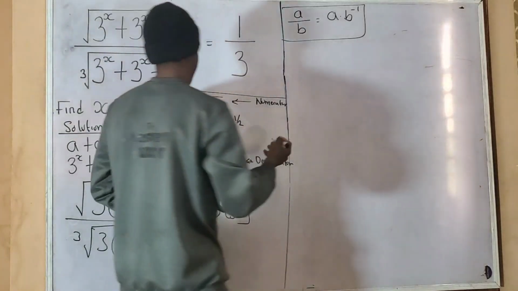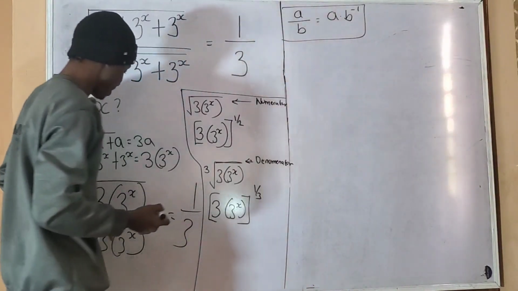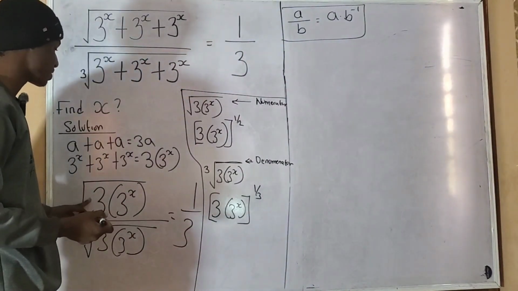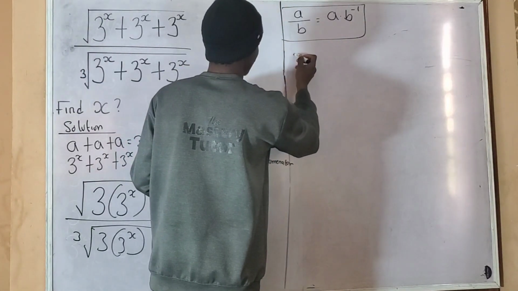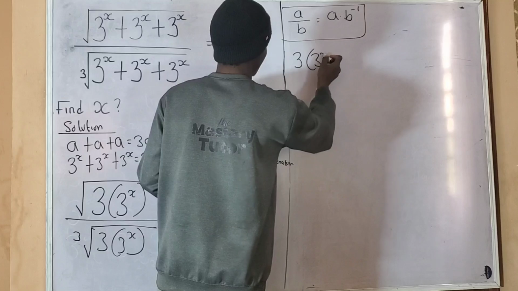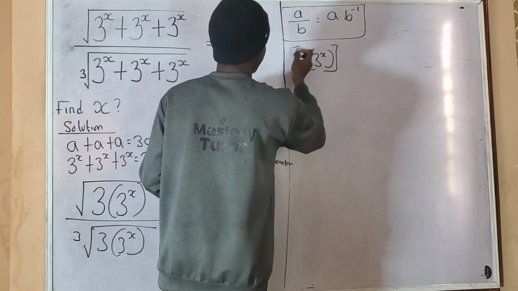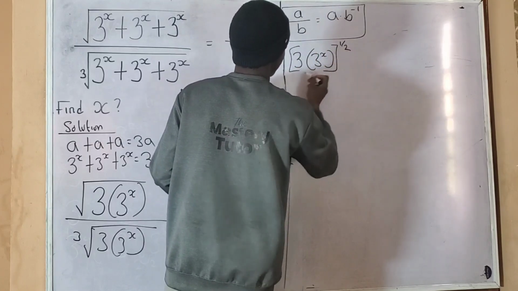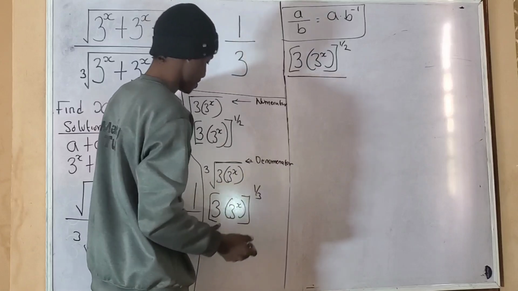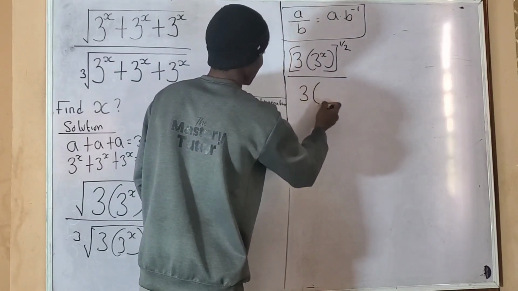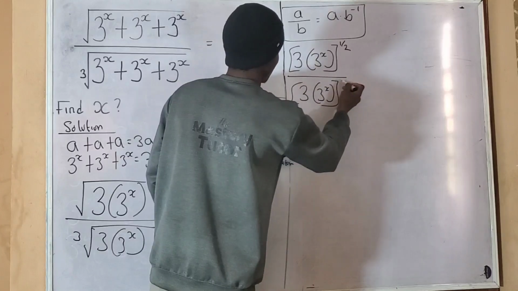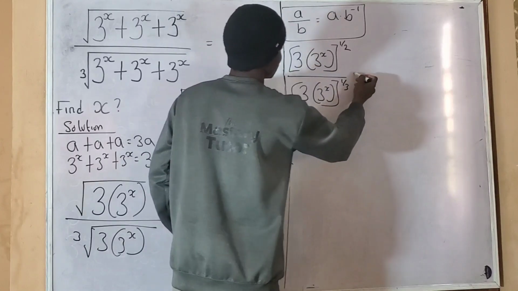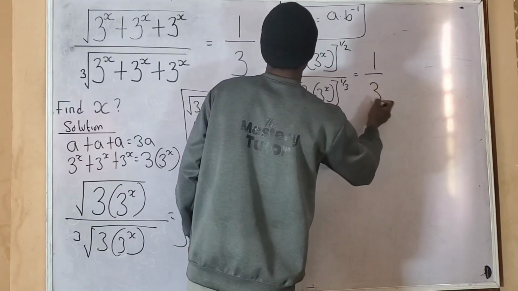So for this, instead of the square root of 3 multiplied by 3 raised to the power of x, I'm going to have 3 multiplied by 3 raised to the power of x, all raised to the power of 1 over 2, divided by 3 multiplied by 3 raised to the power of x, all raised to the power of 1 over 3. This will be equal to 1 over 3, right?